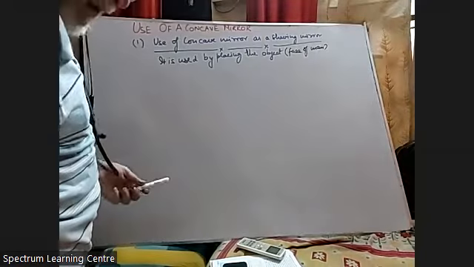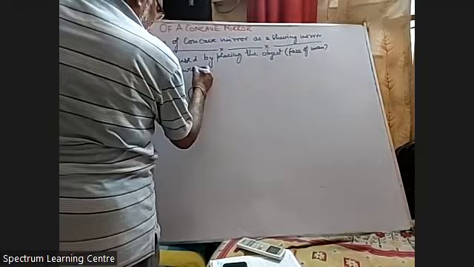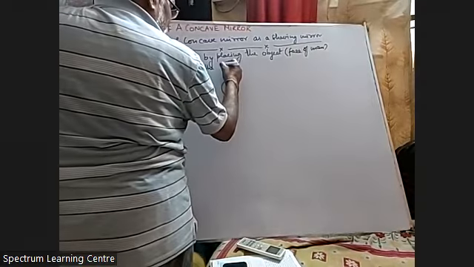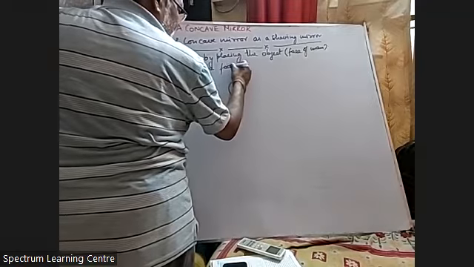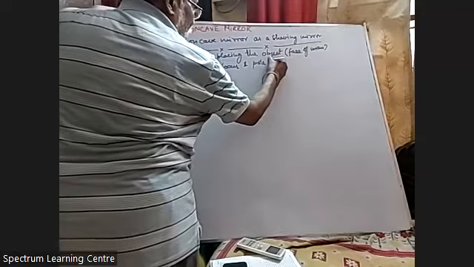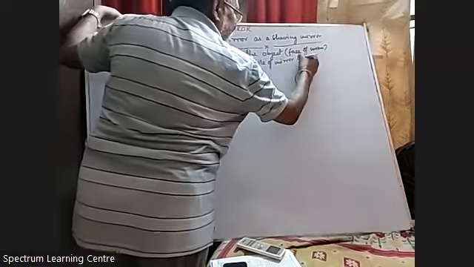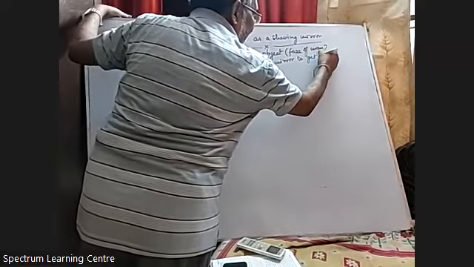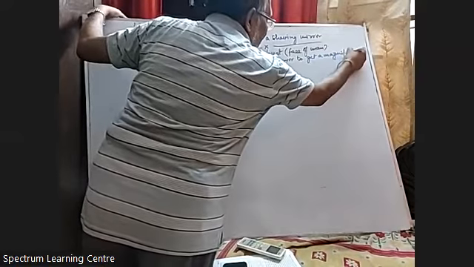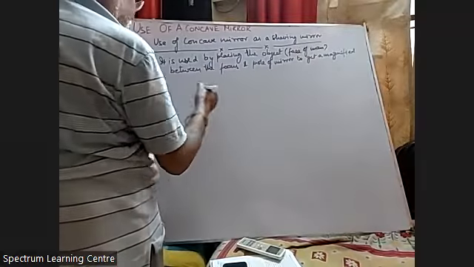By placing the object between the focus and pole of mirror to get a magnified image. This is the application of case number 6.